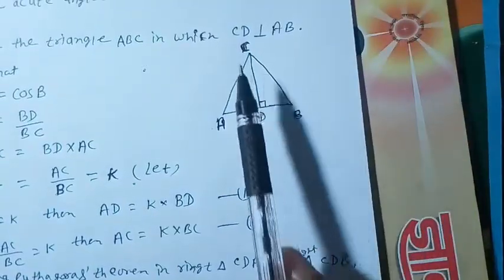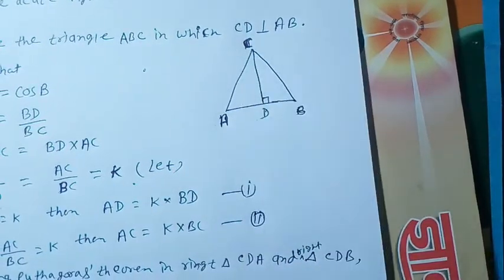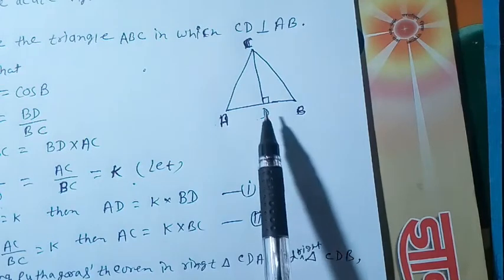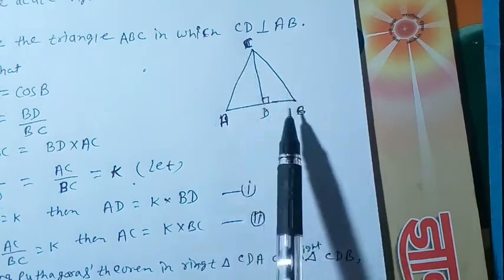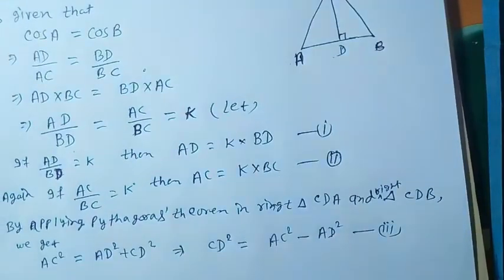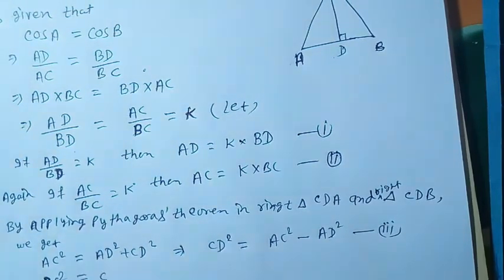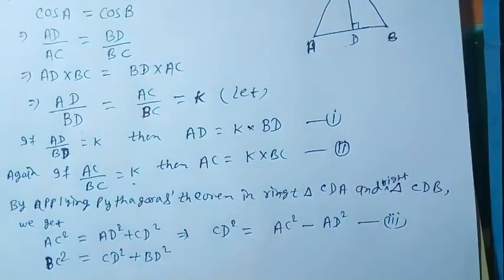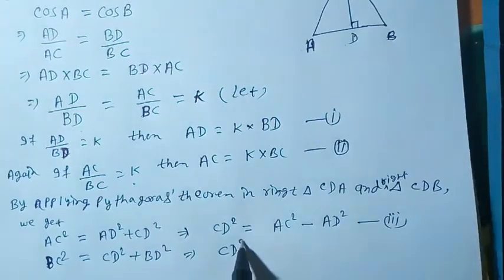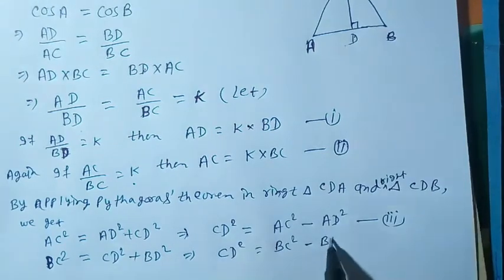In triangle CDB, BC square is equal to CD square plus BD square, which implies CD square is equal to BC square minus BD square.